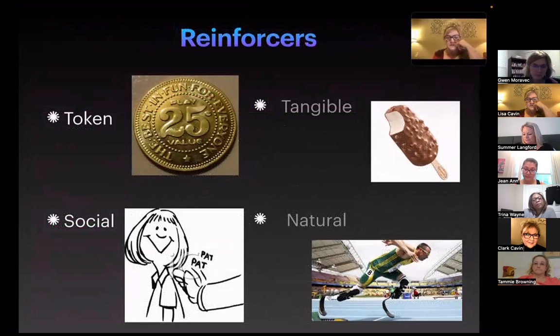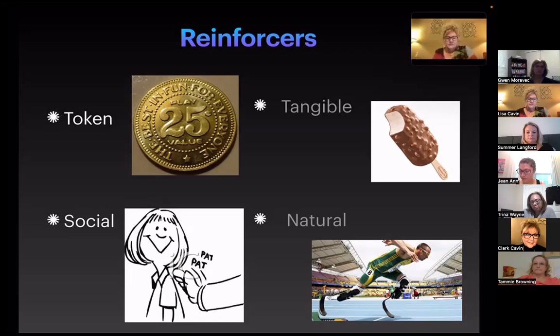Okay, types of reinforcers. In the program that I worked in back in the 90s, we had a pretty good budget where we could buy all kinds of things to put in our school store that the kids could buy with their tokens, their points. A semi-token economy doesn't actually use tokens, it uses points.